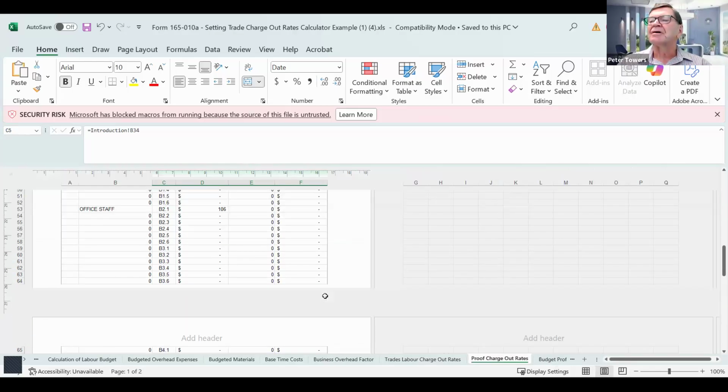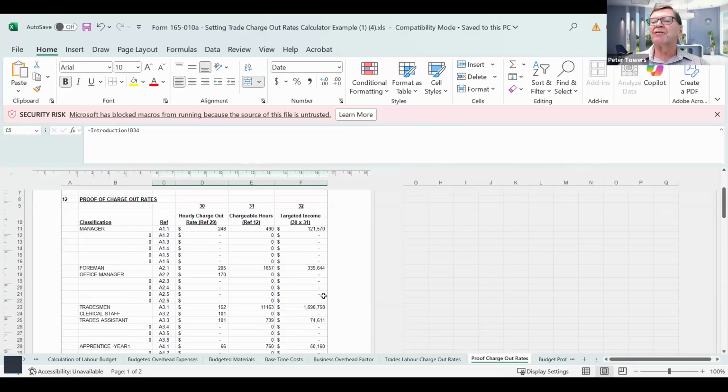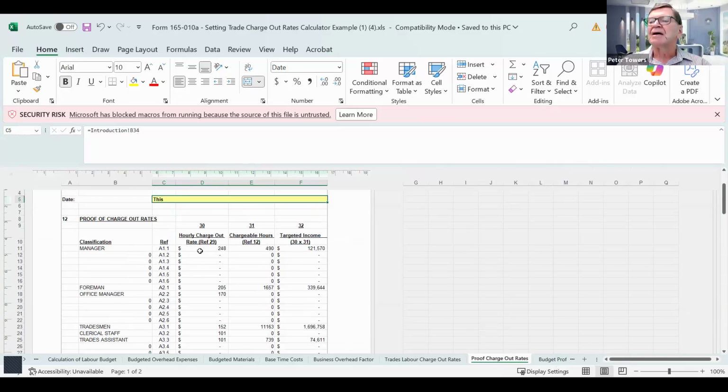Now the proof is putting it all back together for you. You've got the manager. The hourly charge out rate's going to be $248 in the labour budget. He was going to be chargeable for 490 hours. So we're projecting that the manager will produce income of $121,000.